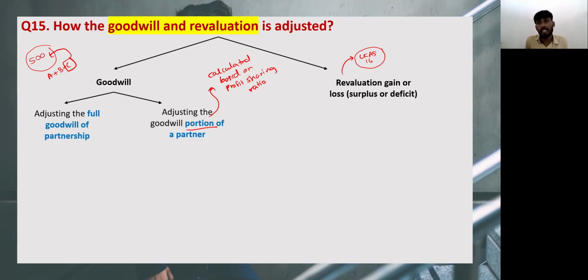That means the full goodwill, the total goodwill, into the profit percentage or the profit ratio. That's how we calculate the goodwill amount relating to one partner.